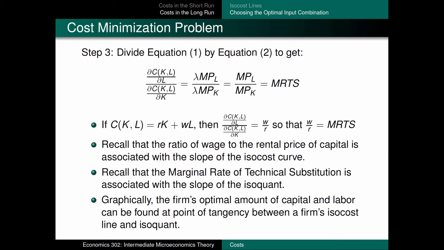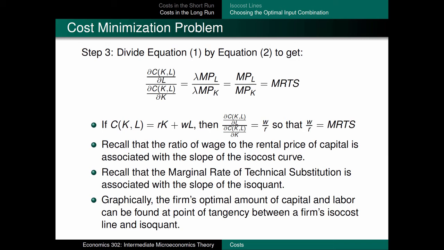If we divide equation 1, which was the first order condition with respect to L in the previous slide, by equation 2, which was the first order condition with respect to K, we get that the derivative of the cost function with respect to labor divided by the derivative of the cost function with respect to capital is equal to lambda times the marginal product of labor divided by lambda times the marginal product of capital. The lambdas cancel out, so the right-hand side is simply the marginal product of labor divided by the marginal product of capital, which is precisely the definition for marginal rate of technical substitution from the previous chapter on production.